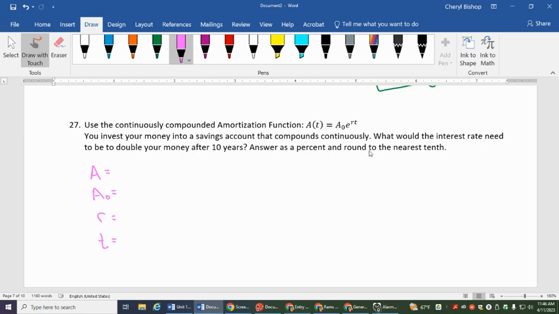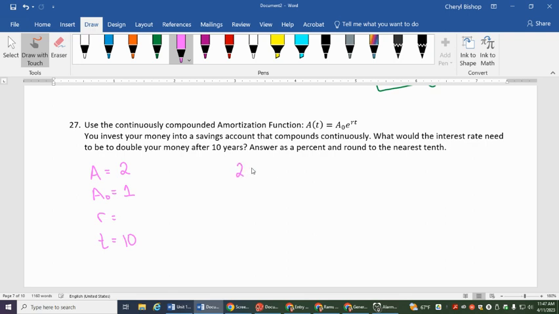So we invest our money into a savings account that compounds continuously. What would the interest rate need to be to double your money after 10 years? So they only gave me 10 years, but I know I want to double my money. How much do we want to invest that we want to double? Let's invest $1. So that way when I double it, how much do I end up with? 2. Make your life easy. Use small numbers. Okay.